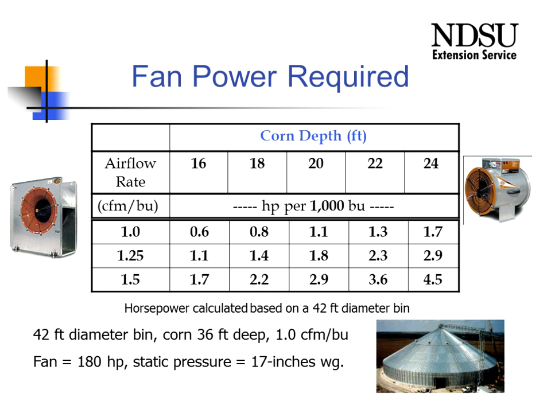So we start losing the efficiency of our drying system very quickly as we increase the depth, and I typically will recommend that we limit the depth on corn to somewhere in that 20 to 22 foot. As we get beyond that, we're using so much horsepower that we're not energy efficient anymore.